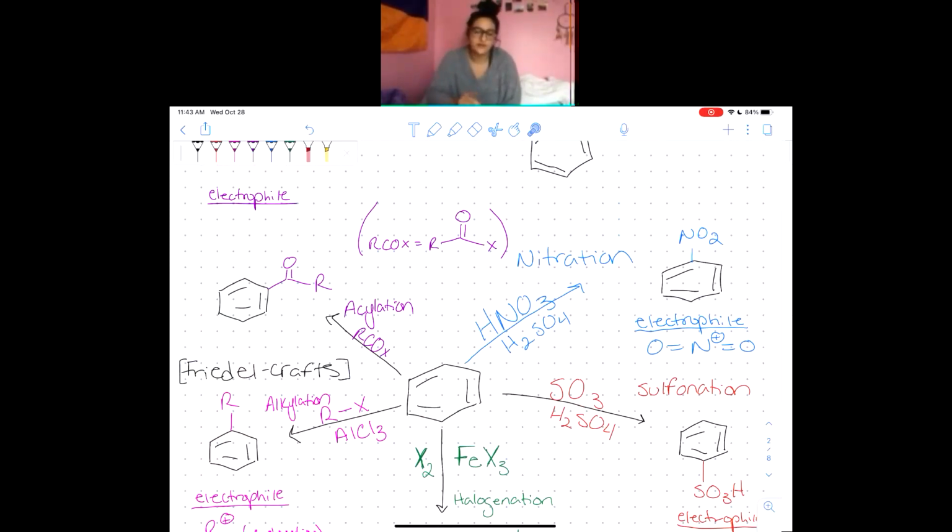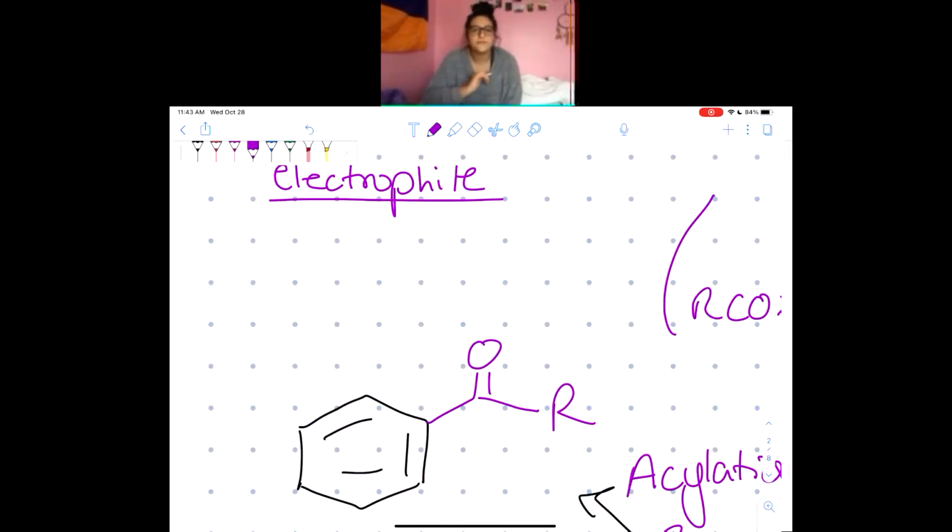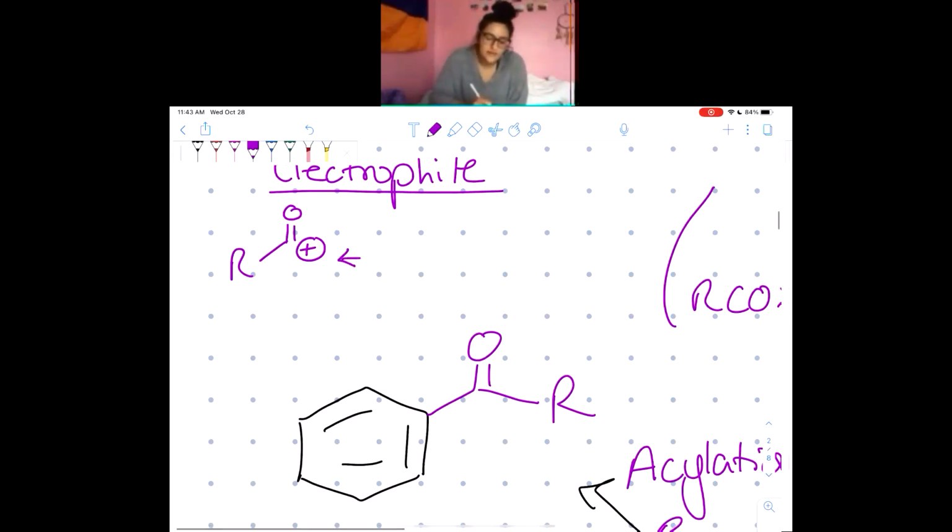So all I did was move the little Friedel-Crafts thing so I could encompass both of these, and I'm just going to move the electrophile up here so I have more space. All right, so the electrophile for acylation is just this. So we get rid of the halogen, but we can also draw it like this.